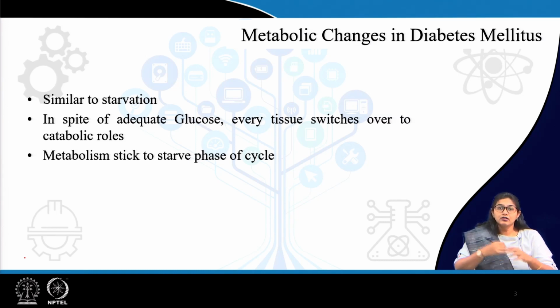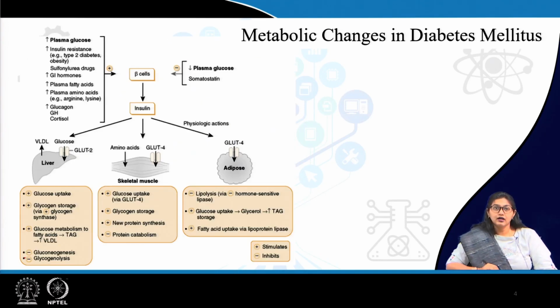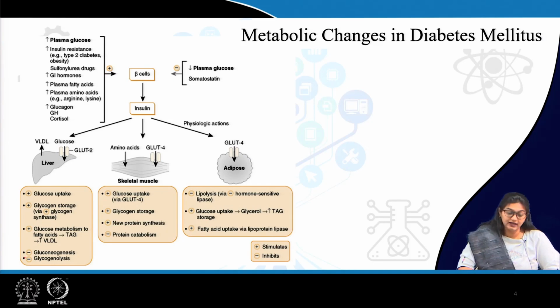So, functional inability of insulin is actually hampering glucose uptake in cell. So, that is similar pattern to starvation. So, what are the effects of insulin? Those will not be imparted in diabetes mellitus.